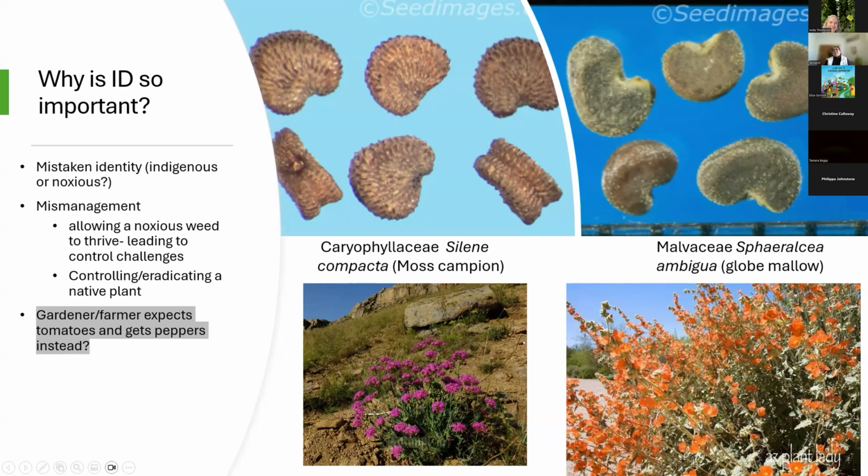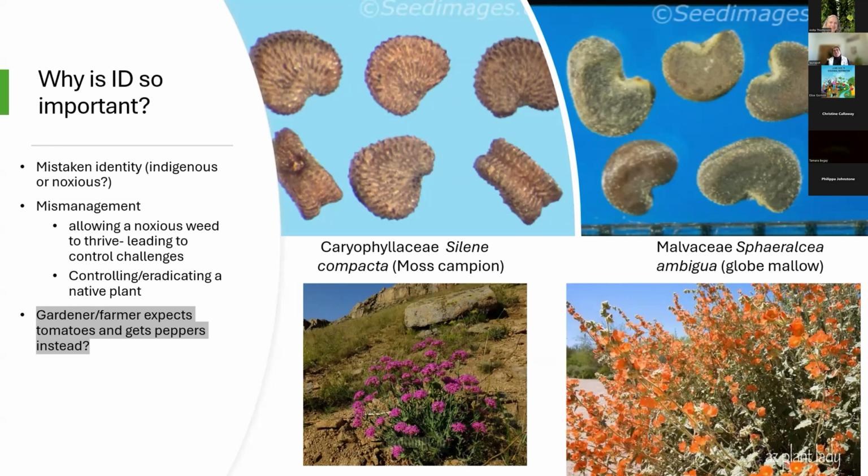But if the person collecting did not obtain the proper documentation and we were just looking at the seeds themselves, again, I chose these two because they're similar in their shape. They have a reniform or a kidney shape, yet we can tell that they're different, but I don't know what they are until I go to my reference collection or to an online herbaria to confirm what they are.